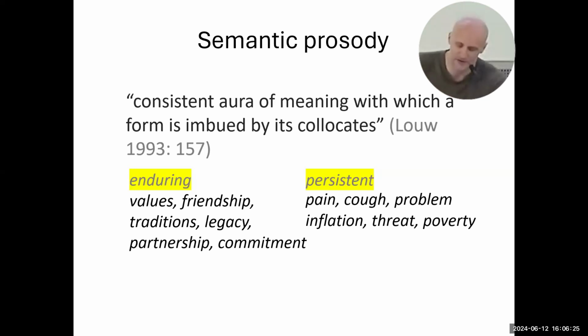On the other hand, persistent typically precedes things like pain, cough, problem, inflation, threat, poverty. So we can imagine enduring as if it's surrounded by this very warm aura of positive meaning, whereas persistent is surrounded by this negativity.